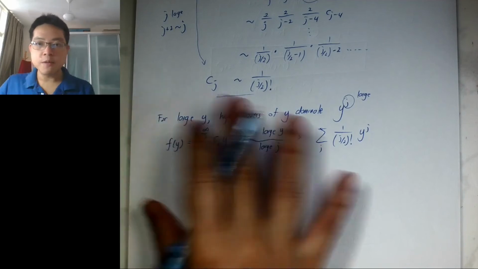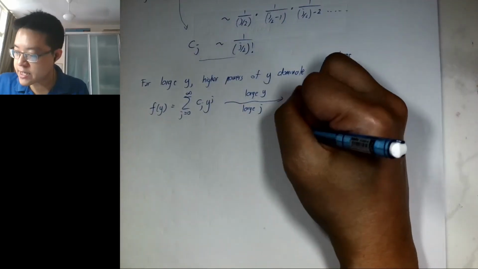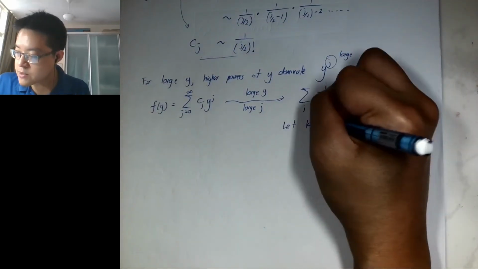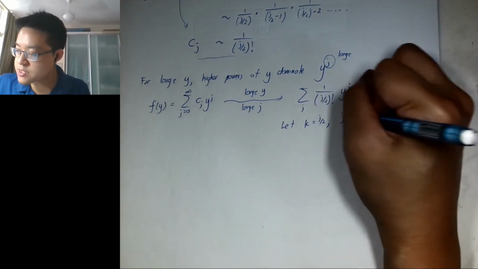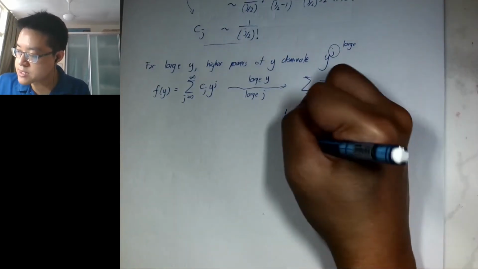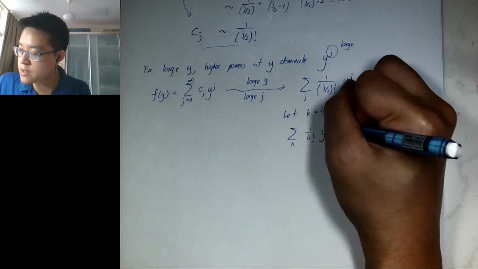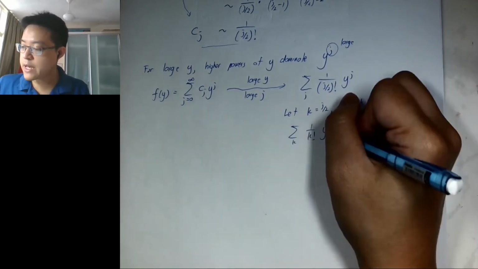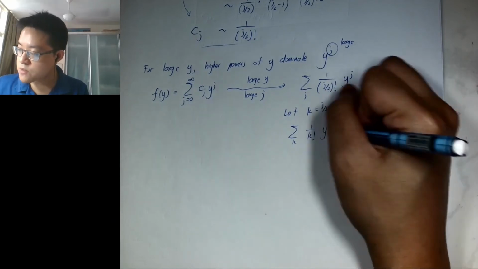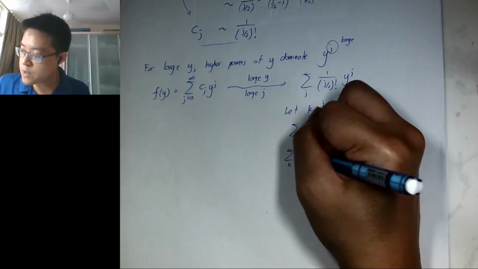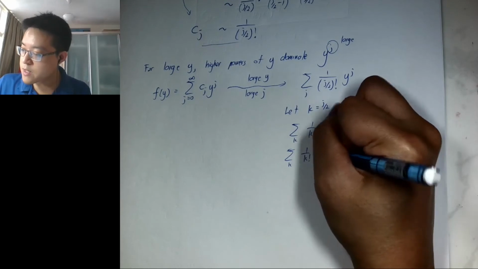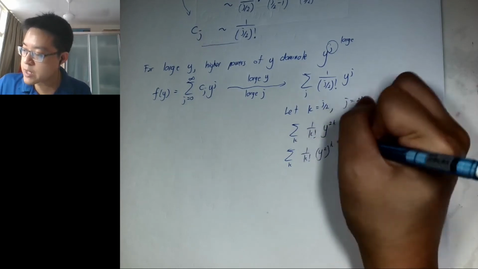And then let me do one more step. I'm going to change the index again. I'm going to let k equal j over 2, so that j equals 2k. So this becomes a sum over k, 1 over k factorial, and then this is y to the 2k, right? And what is this? y to the 2k is just y squared to the power k, so it's 1 over k factorial times y squared to the power k.